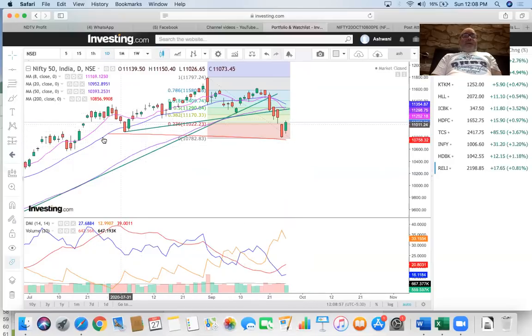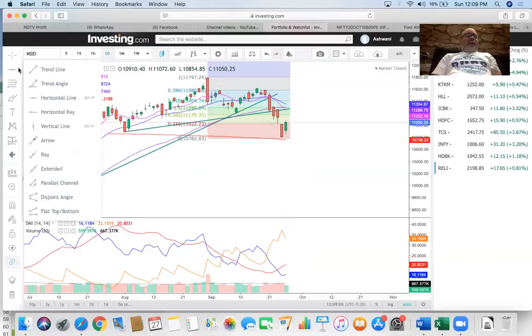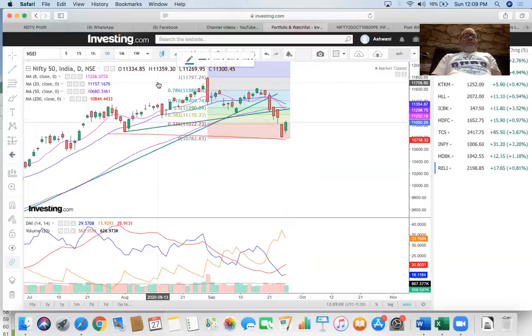At some point, another head and shoulder can be drawn, which could be this one here.